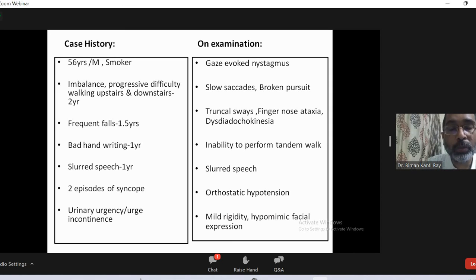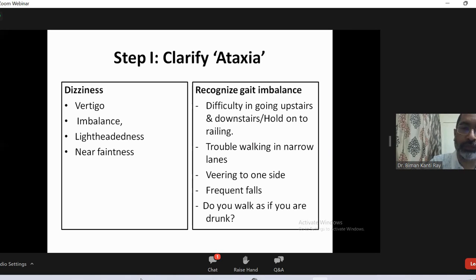That tells you probably this patient has extrapyramidal system involvement. And the slow saccades which he had may be a feature of supranuclear gaze involvement. So from the history and examination, you can tell this patient has chronic progressive pan-cerebellopathy with dysautonomia, with extrapyramidal involvement, with probable involvement of supranuclear gaze.